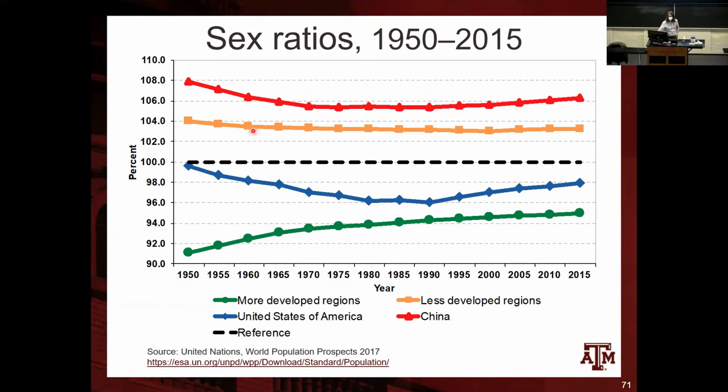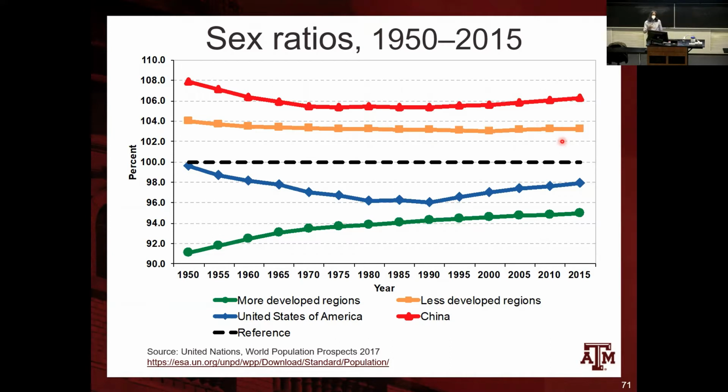And then when you look at less developed regions, you see exactly the opposite. You have more men than women, and kind of stable over time, kind of declining a little bit. So you start to increase the number of women proportional to men. In that case, it is because a lot of these less developed regions have preferences for sons.